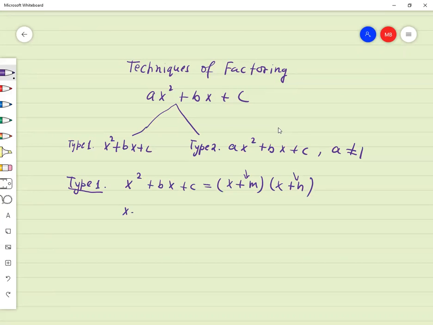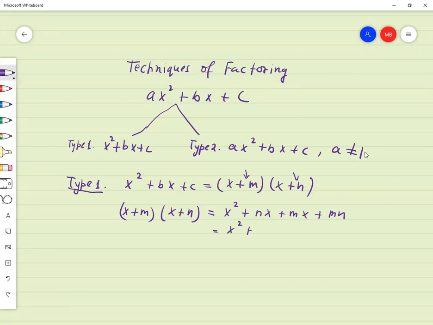Let's multiply these two factors, x plus m times x plus n. Using the FOIL technique, in the expanded form it will be x squared plus nx plus mx plus m times n.